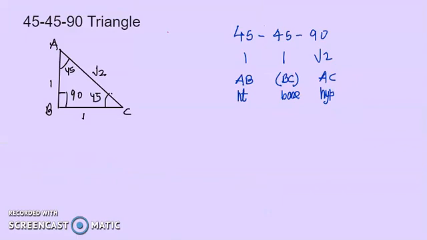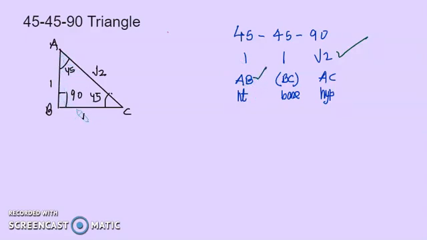Now we are going to discuss the 45, 45, 90 triangle and how to find its area. So in a 45, 45, 90 triangle, the ratio of the sides, as we discussed earlier, is 1:1:root 2. Now opposite 45 degrees, the side is AB.